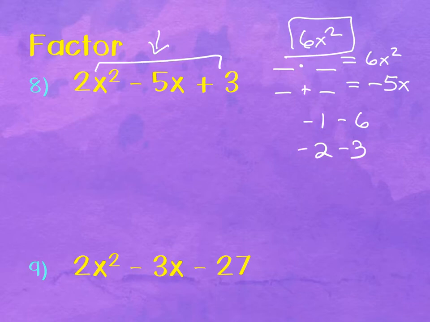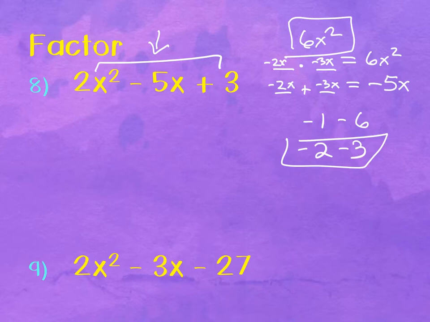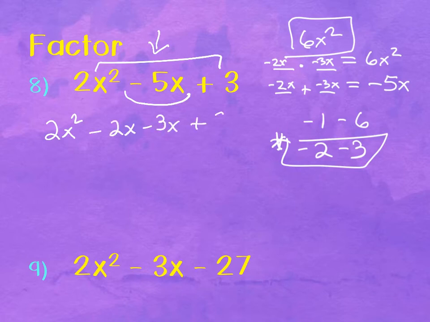So now when I put them in here, the one I want is this, because -2x plus -3x gives me -5x, times -3x gives me positive 6x squared. So now I'm replacing -5 with these 2 numbers. So the 2x squared gets rewritten. Replace 5x with -2 and -3, and then just rewrite the 3. Make your groups red, blue.